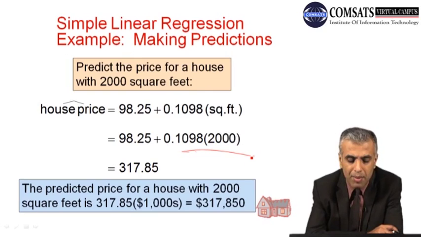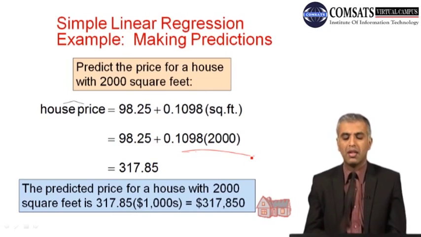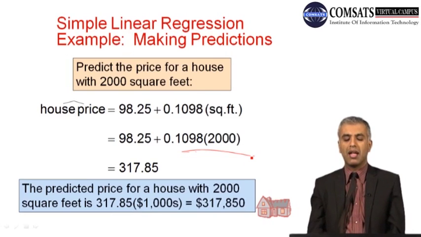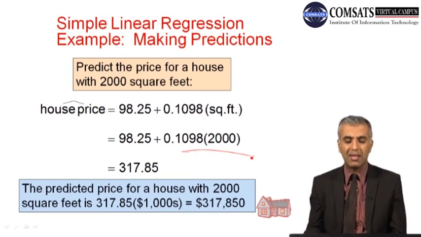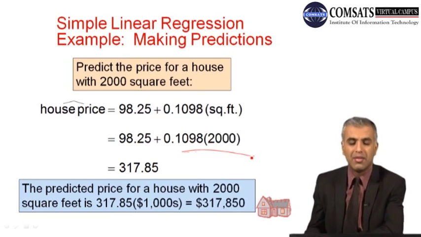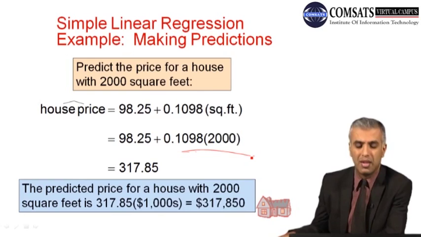So the predicted price for a house with 2000 square feet is $317,850.